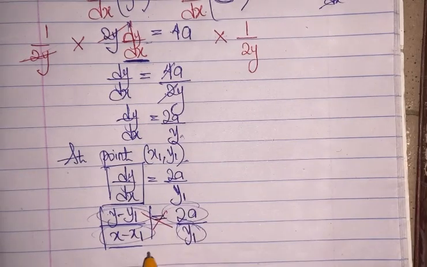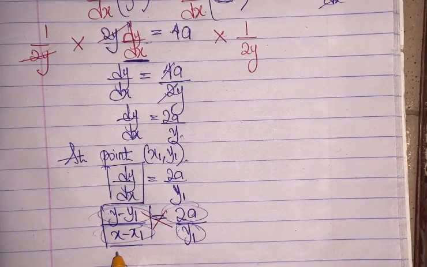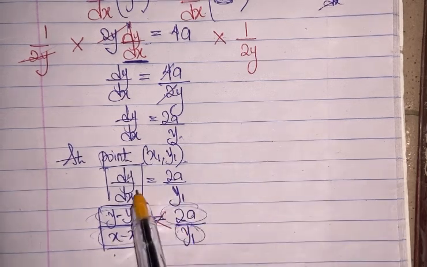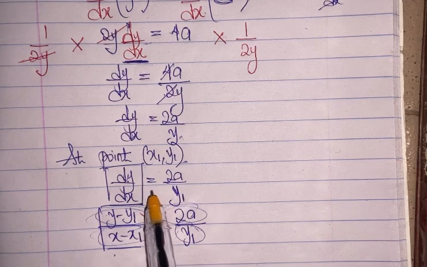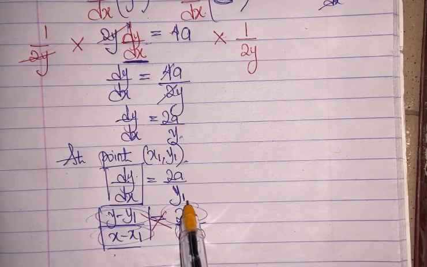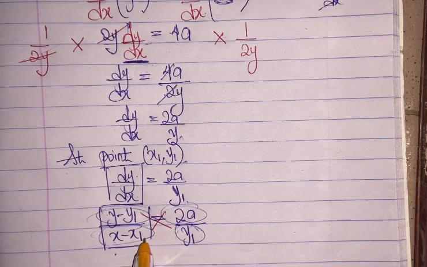Sorry, I think the camera went off that time. The last part was saying that dy/dx equals 2a over y1 at points x1, y1. Then dy/dx is the same as y minus y1 over x minus x1.